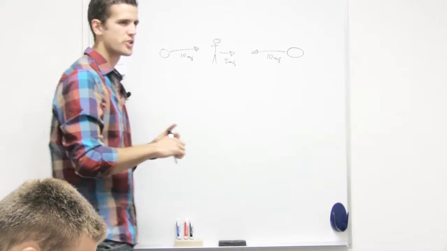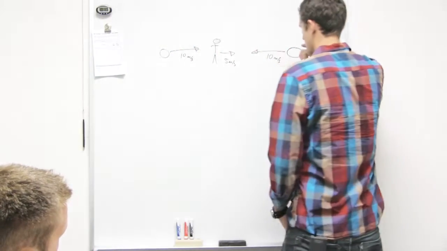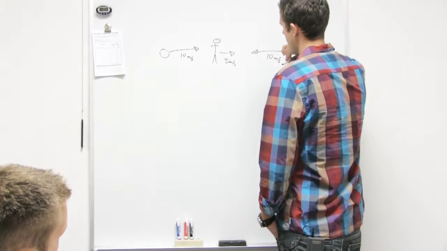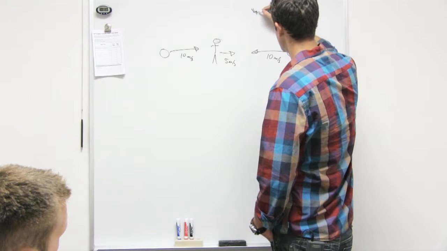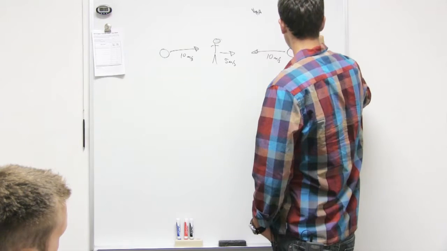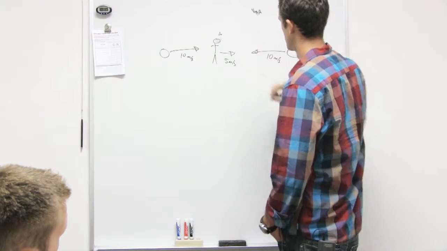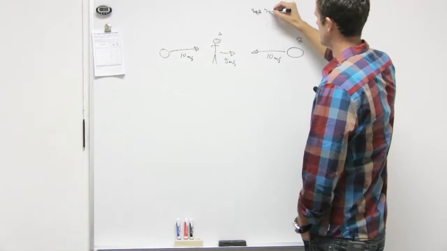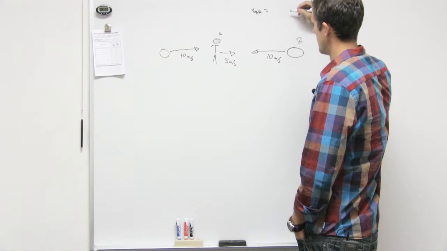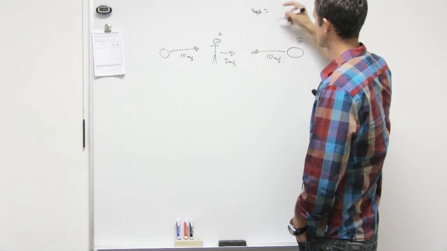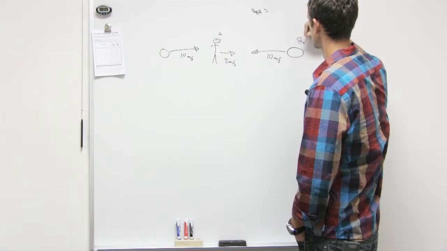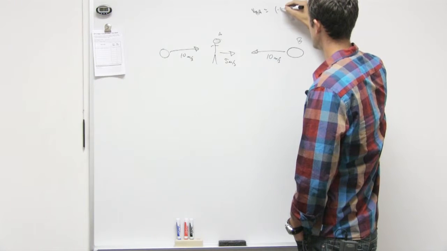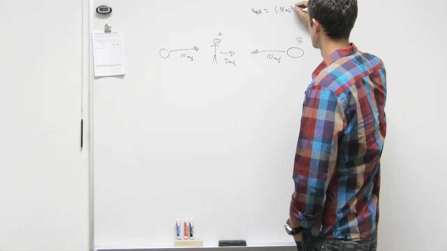So the relative motion equation is, let me think, how does this work? It's velocity of B with respect to A. So this is B, this is A. It's equal to, you take the first one, so B, and you'd say the velocity is negative 10 meters per second.